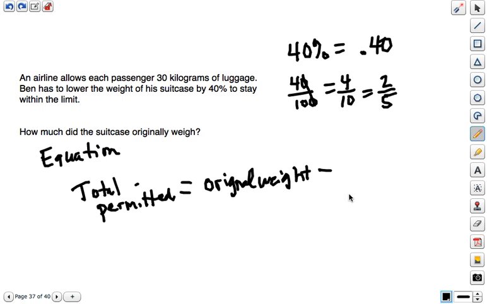So I think 2/5 might be the easiest way to use this. So we have 2/5 of the original weight. All right. So the total amount permitted, we know that it's 30 kilograms.